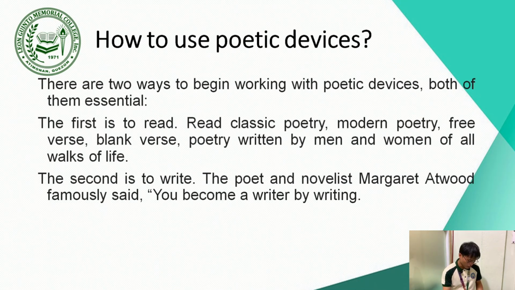Look at ways other artists have used these poetic devices effectively and see which moments in their works resonate with you the most. Then ask yourself why, and what you can do to bring that light into your own poetry. So the first is to read, the second is to write.